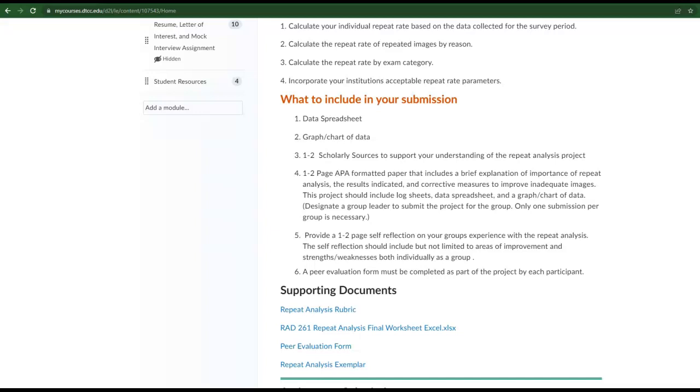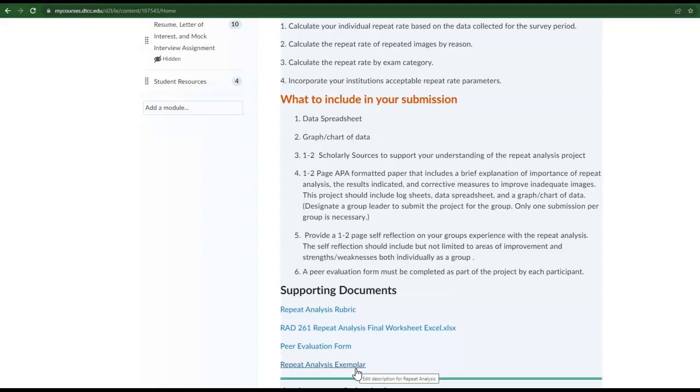I have included at the bottom here a repeat analysis example, just so that you guys can grasp an idea of what the paper should look like. Again, I only need one paper, so you guys do not have to submit to me 3 or 4 papers from each person.